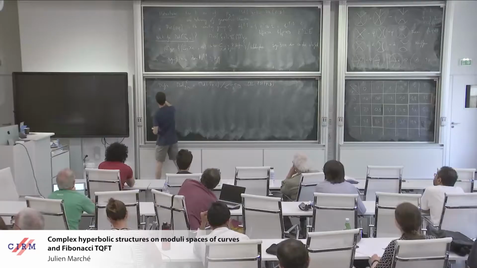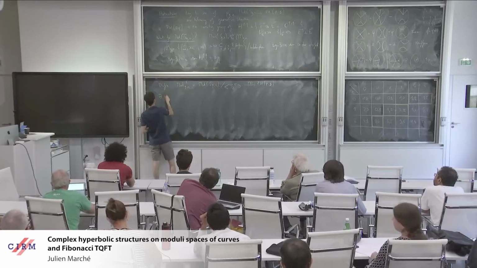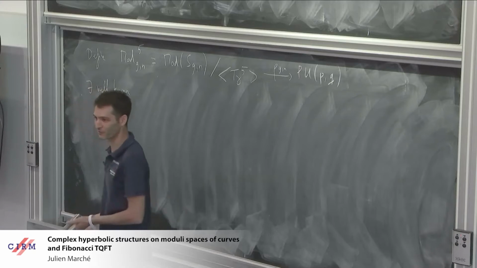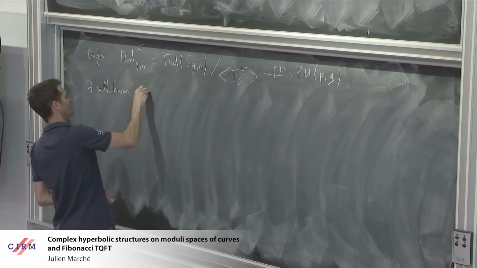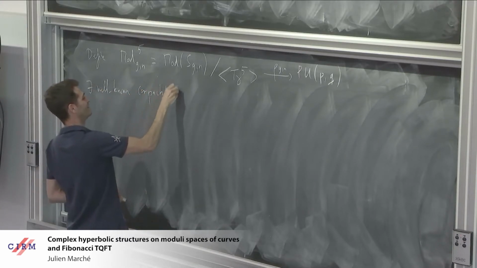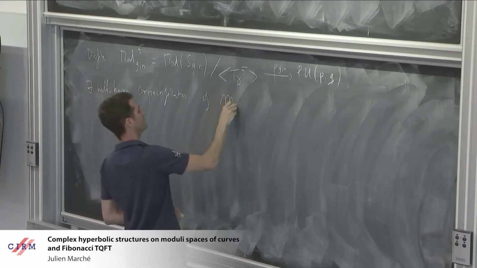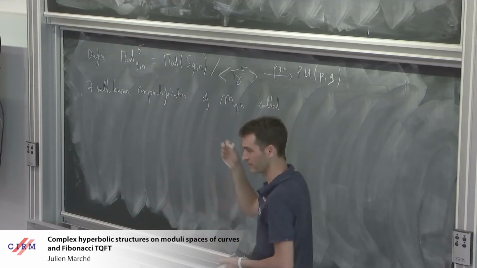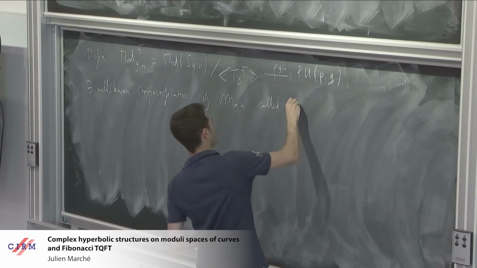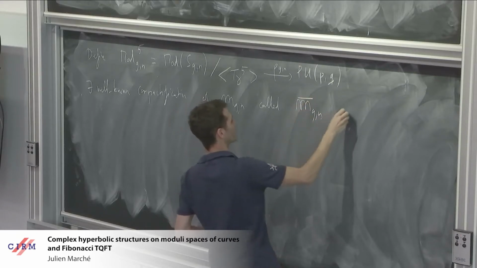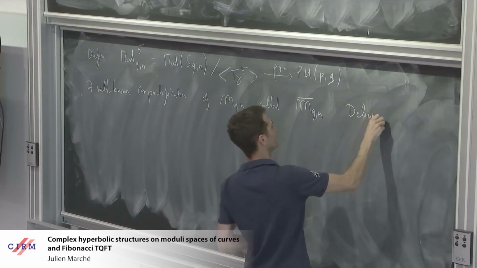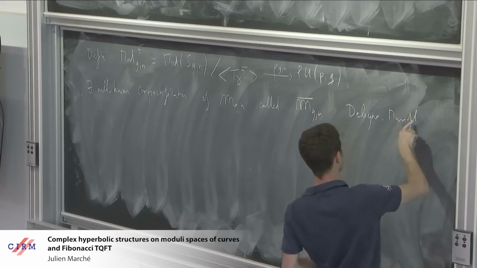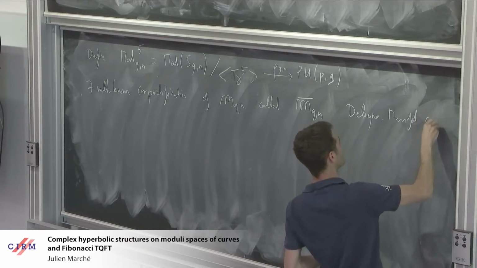So there exists a well-known compactification of M_{g,n}, well known for many people, maybe not for you, called, as we already heard about in Vincent's talk, M_{g,n} bar, the Deligne-Mumford compactification, maybe sometimes Knudsen is added.